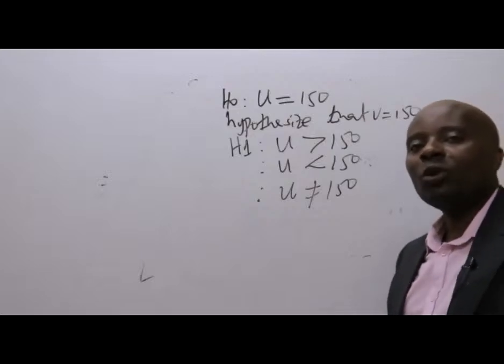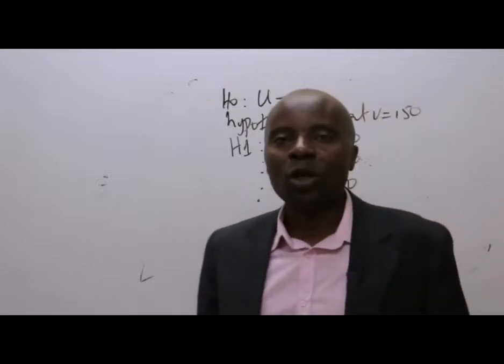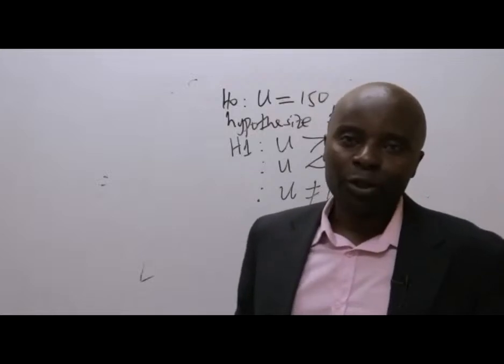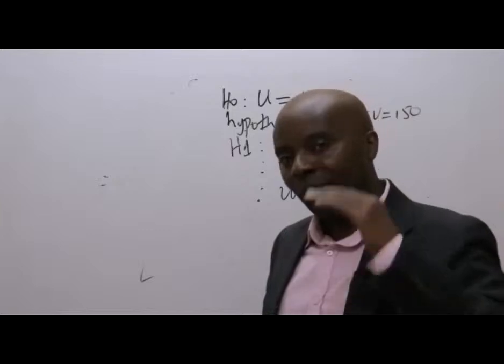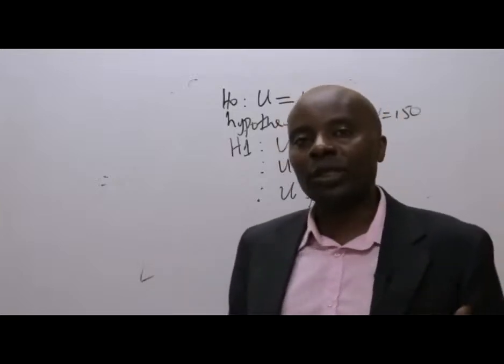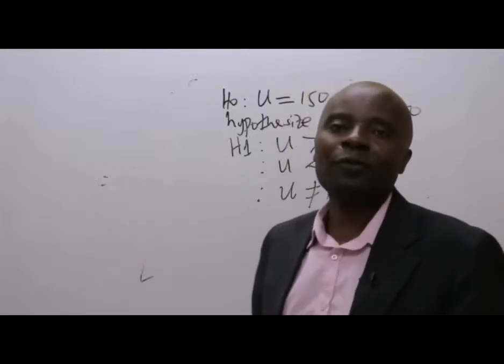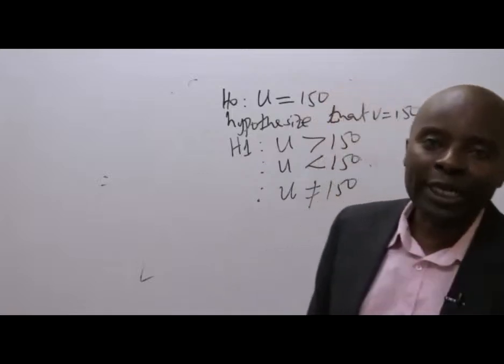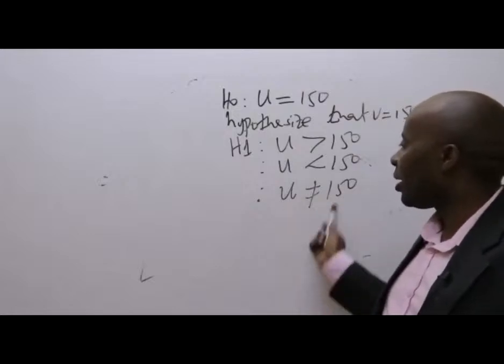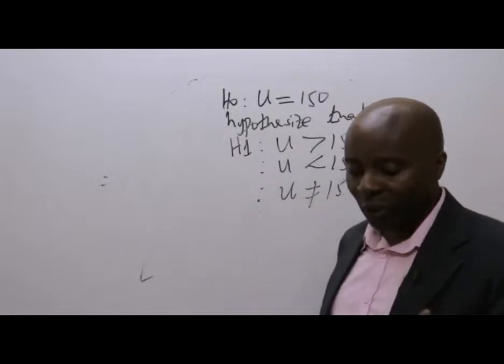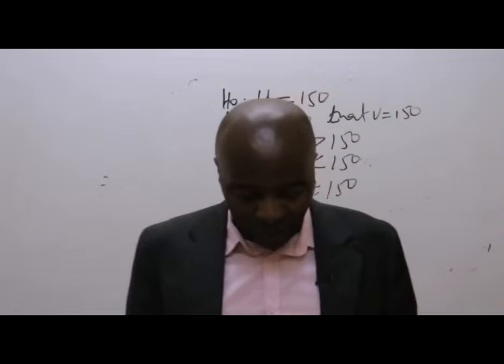When I go to Summit trying to assess the heights of the students, the students that I'll get will be taller than this, and other students will be shorter than this 150. So the proper alternative hypothesis that we need to put down is this one here.